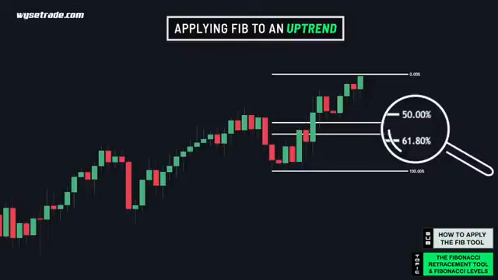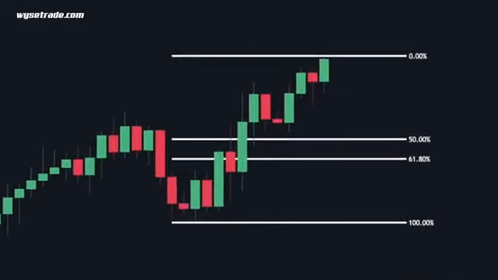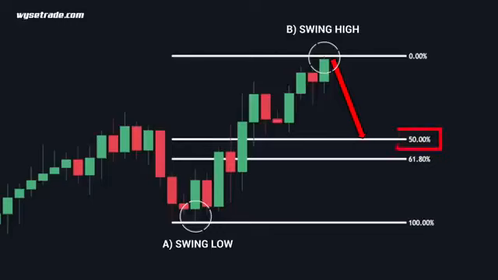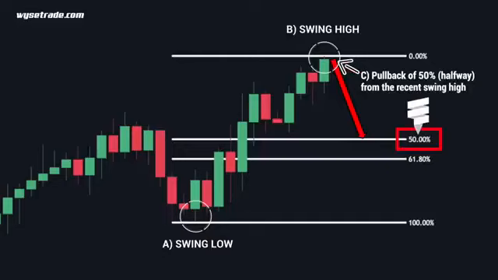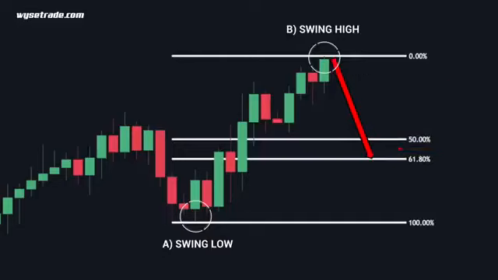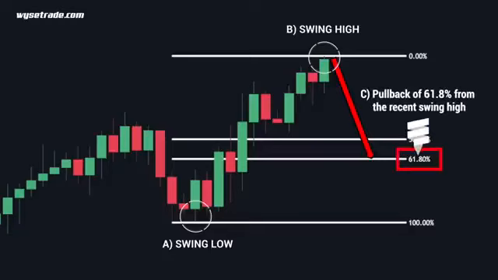You will then see the Fib level percentages appear to the right. If price were to pull back to the 50% level, this would represent a pullback of 50% from the recent swing high here. And if price were to pull back to the 61.8% level, this would represent a pullback of 61.8% from the recent swing high here.